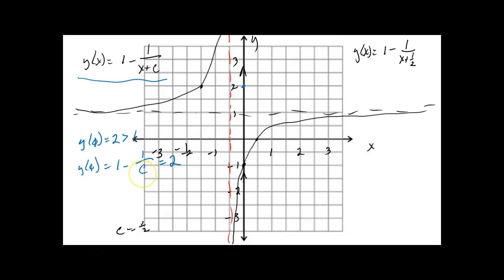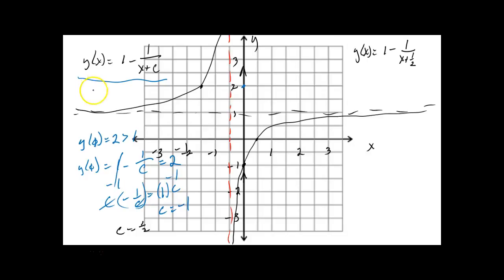Okay, subtract 1 from both sides. Okay? And that gives you negative 1 over C is equal to 1. And that's going to give us C is equal to negative 1.